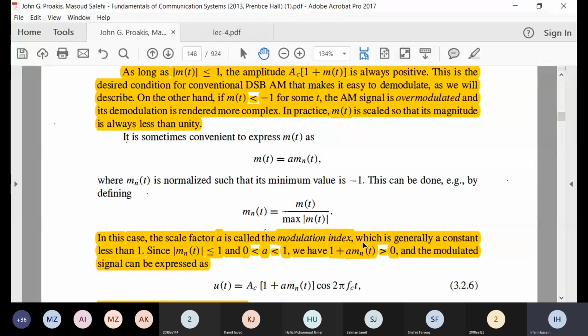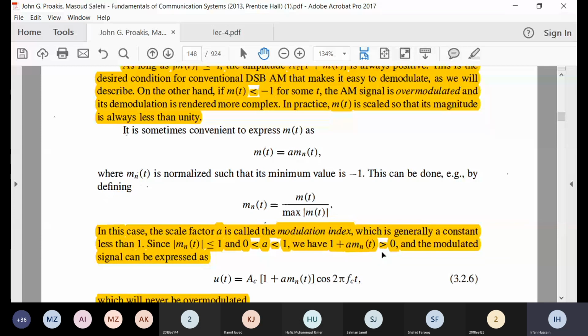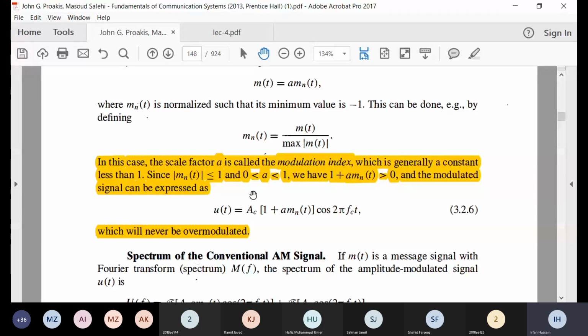This term A m_n(t) added to 1 will again give a number greater than 0. So the whole signal will be above 0. This will be your modulated signal, where you make sure that 1 is greater than A m_n(t). Hence 1 plus A m_n(t) is always greater than 0.